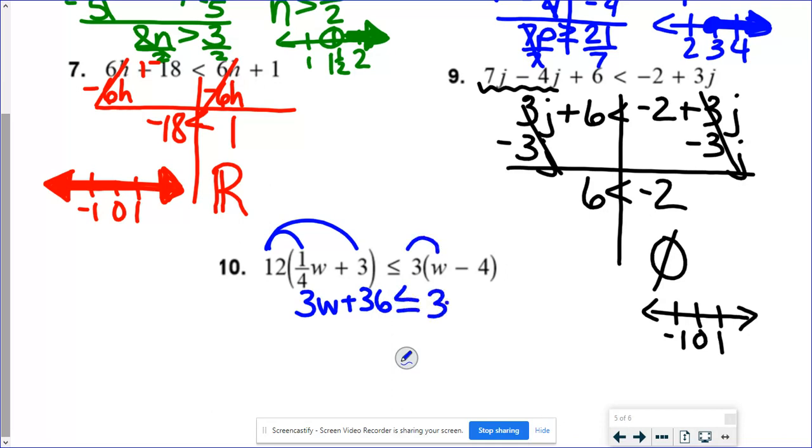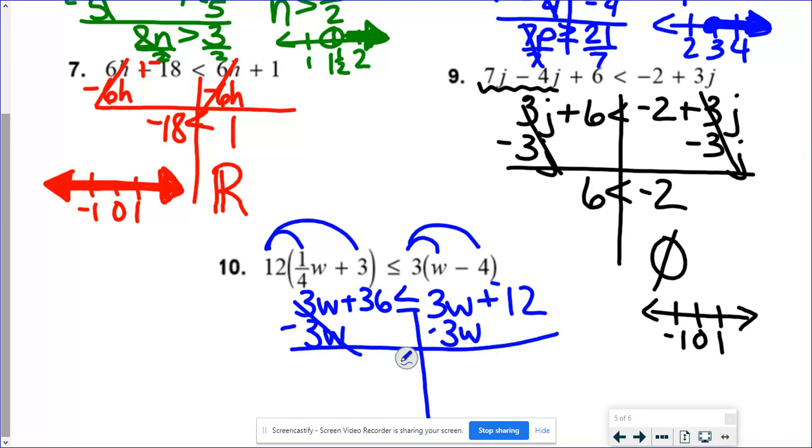Minus 12, or plus a negative 12, when I get rid of my 3w's, I get 36 is less than or equal to negative 12, and that's not true. So that's a no solution. And again, there wouldn't be anything to graph at all for that problem.